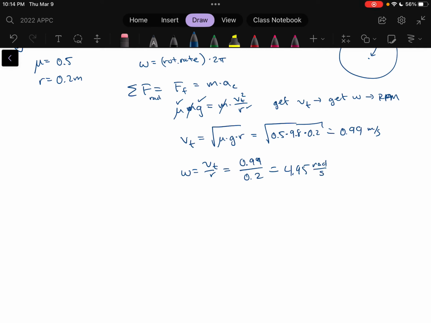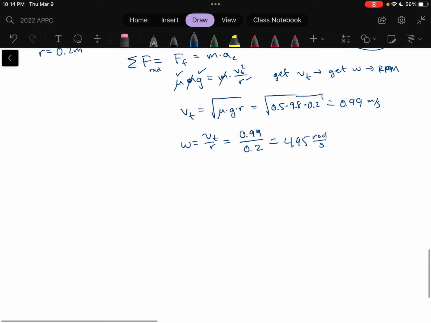Once I get that, I can convert from radians per second to rotations per second by dividing by 2 pi. So 4.95 divided by parentheses 2 pi. Gotta remember those parentheses. I'll get 0.788 revolutions per second.